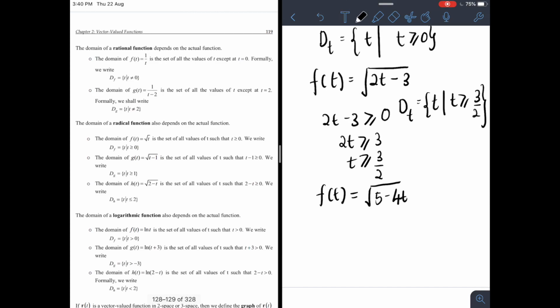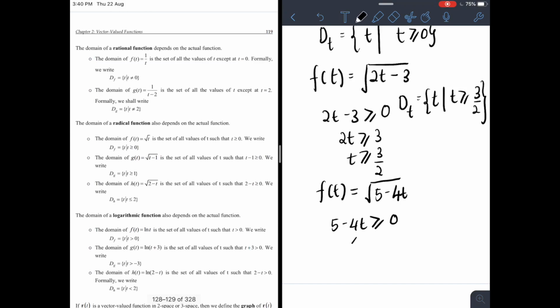So that is the knowledge that I have earlier. 5 minus 4t should be larger than or equal to 0. 4t less than or equal to 5. t less than or equal to 5 over 4.